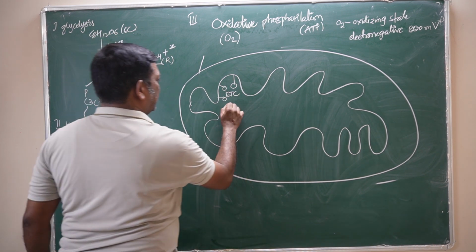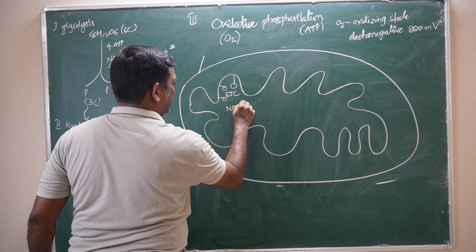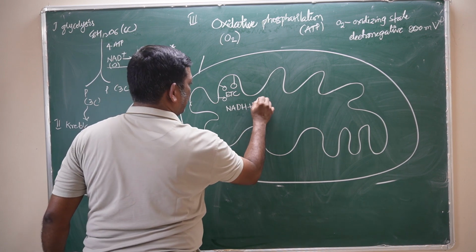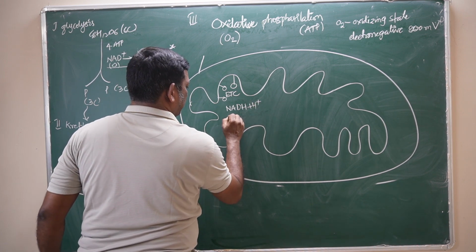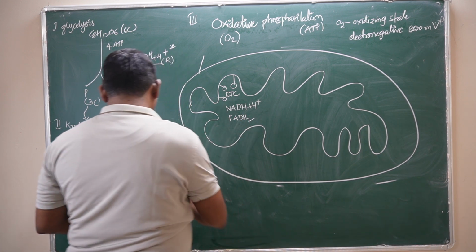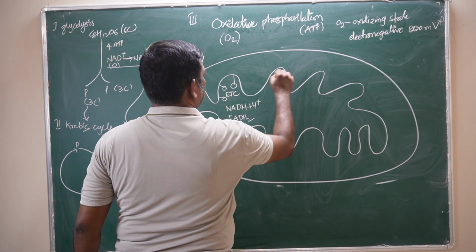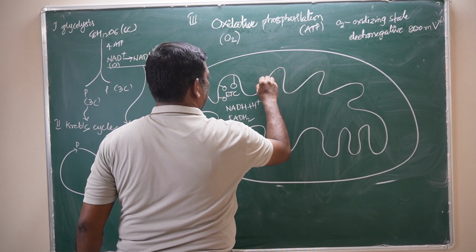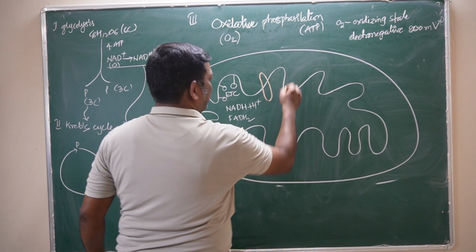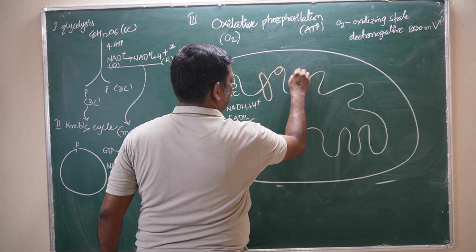Now, the NADH molecules formed in glycolysis and in the Krebs cycle are ready in the mitochondrial matrix, along with FADH2 molecules. Next, the inner mitochondrial membrane contains some enzyme complexes which can transport electrons.